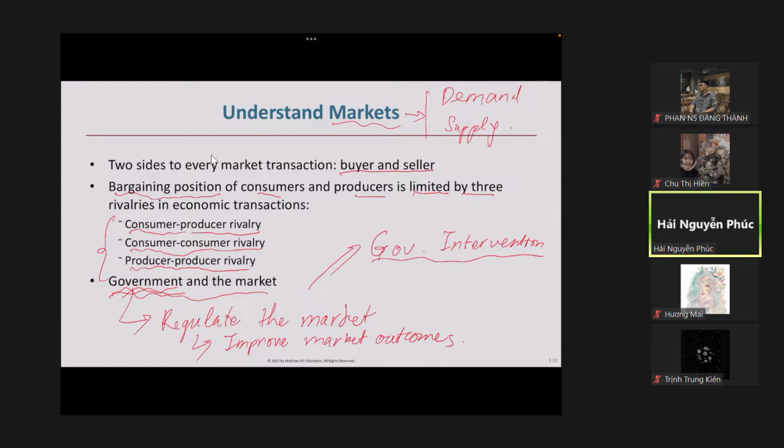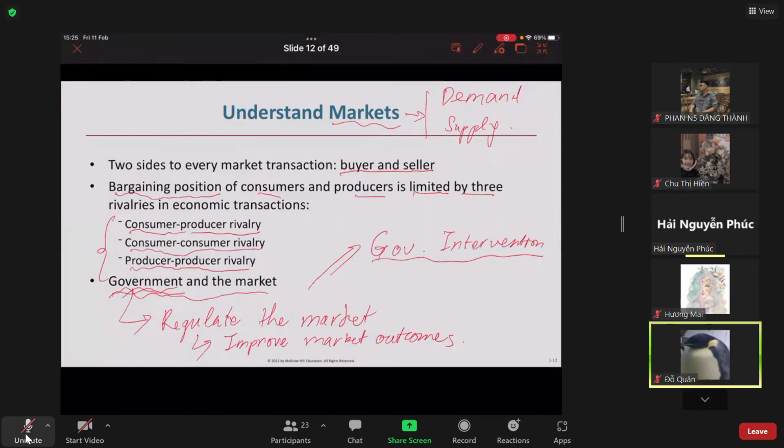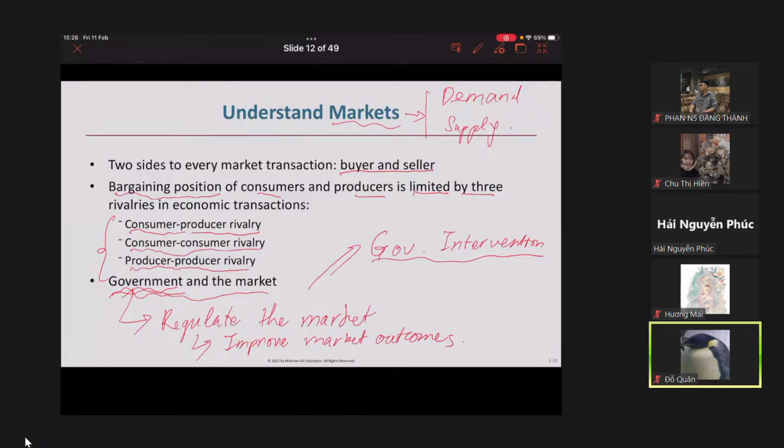Do you understand the question? So tell me, please, what do we call the policy employed by the Vietnamese government when they try to regulate the market for gasoline?